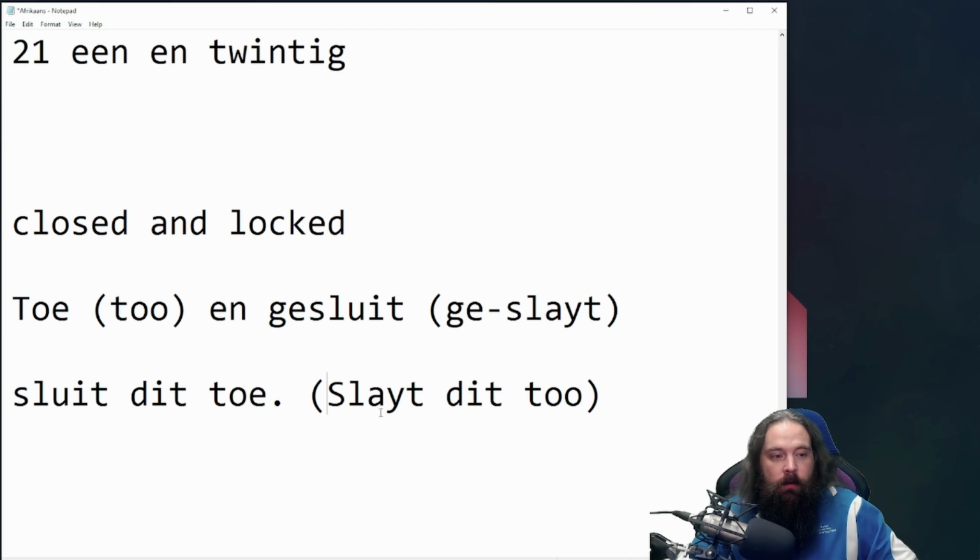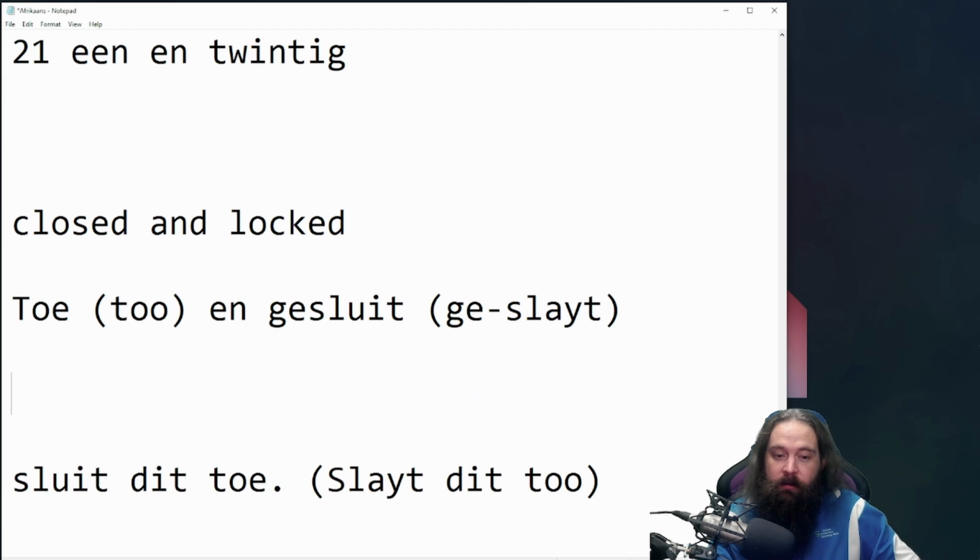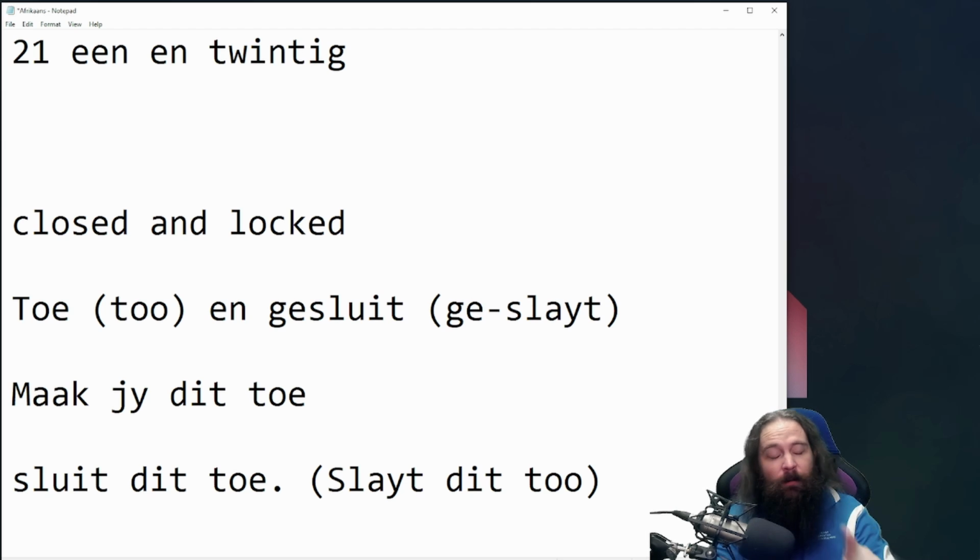So that's a little bit confusing, I know. When you close something in Afrikaans, then maak jy dit toe. In other words, it's not locked. Jy maak dit toe.